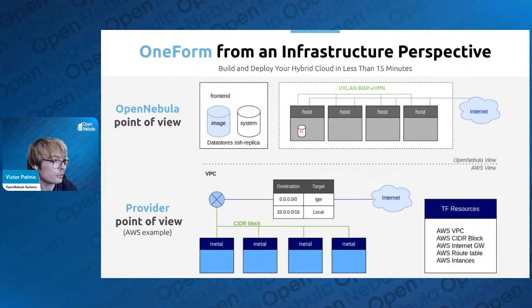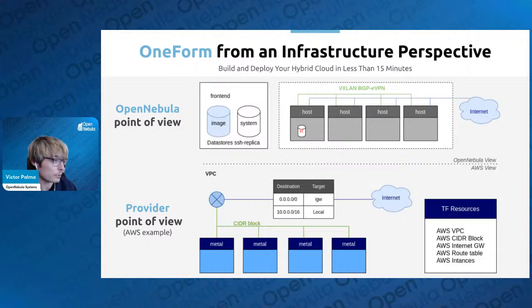So for the final user, it's going to be totally transparent, the resources that they are using. They are not going to know that they are using, in this case, AWS resources. For them, they are only using hosts in OpenNebula and deploying VMs in OpenNebula hosts. This is totally transparent for the user. But for the cloud administrator, we can see how this works.